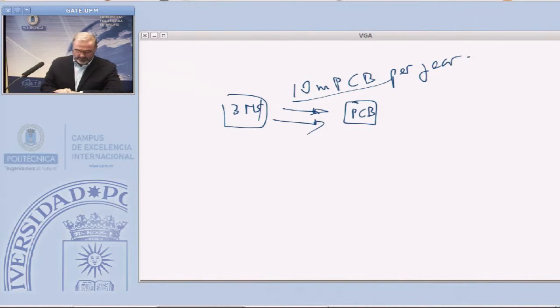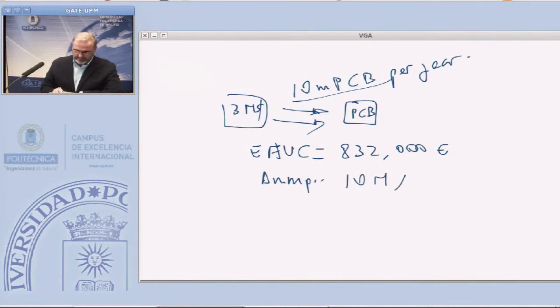As we have calculated, the equivalent annual uniform cost of this machine is 832,000 euros. The annual production of this machine is 10 million PCBs per year.